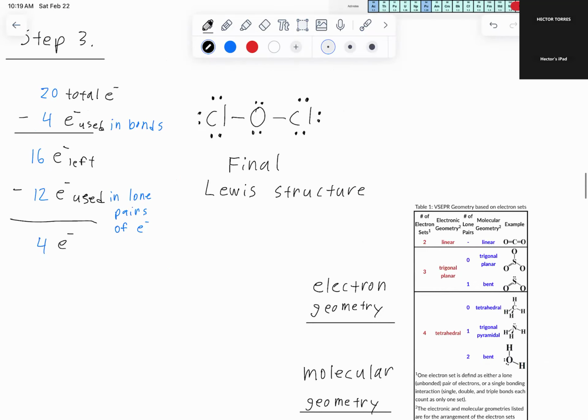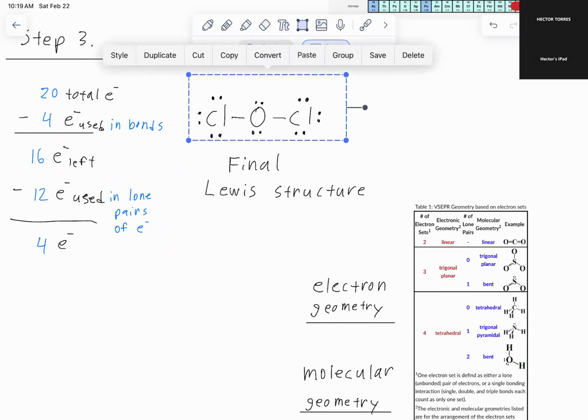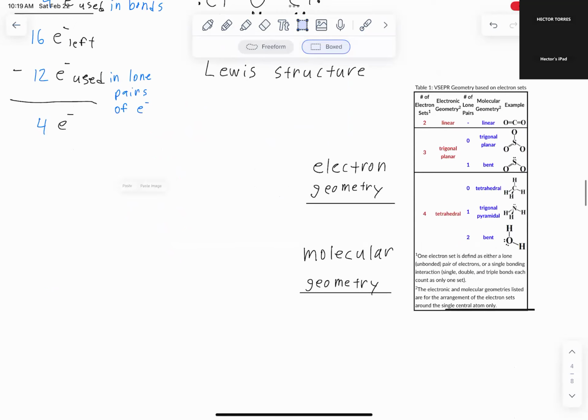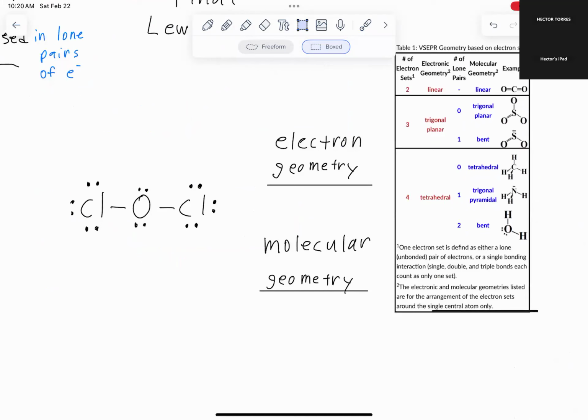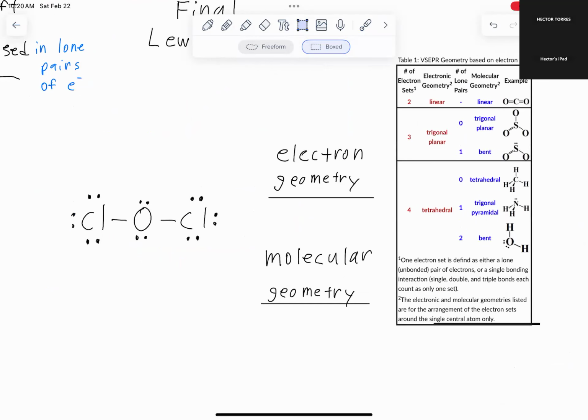Now the next step is going to be using this to find out what the geometry of the molecule is. The best way I've seen is the table that we have in the procedure, which is really good. We're first going to determine how many electron groups are around oxygen, as that is the central atom. Using that, we'll find the electronic geometry.